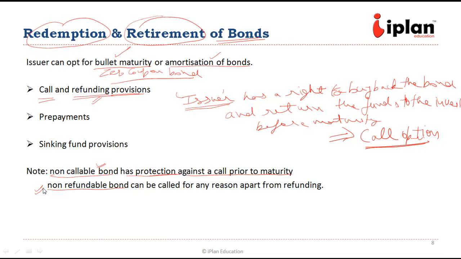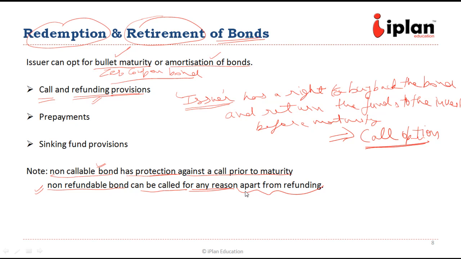And if it is a non-refundable bond, then the bond can be called, but not for the reason of refunding. There could be any other reason. It can be called for any reason apart from refunding.